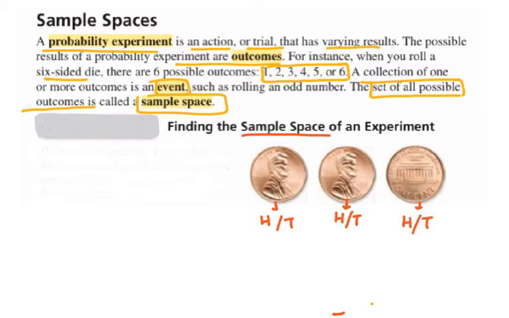So when we try to find our sample space, there could be a few situations. The first situation: either you get all heads, or you get all tails. That's one scenario.